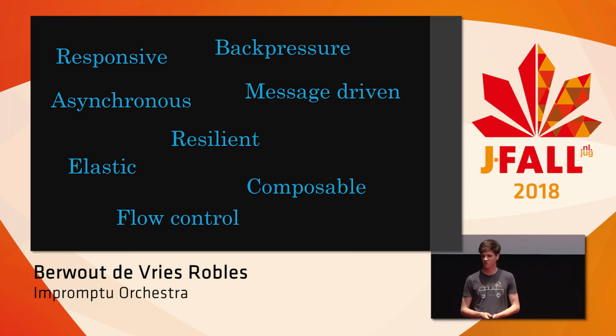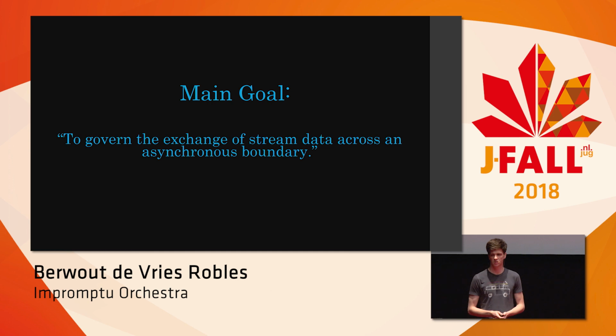It all sounds very fancy, but it doesn't really tell me a whole lot as a developer. So I was like, this sounds very cool, but what does it actually mean? Then I went looking for the main goal of reactive streams, and it says to govern the exchange of stream data across an asynchronous boundary, which still doesn't tell me a whole lot.